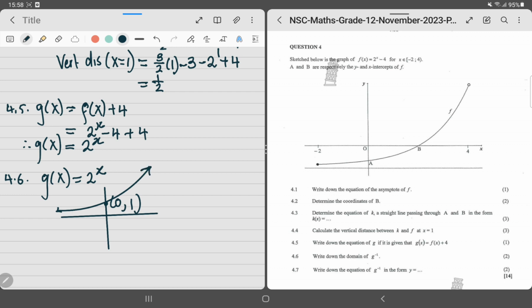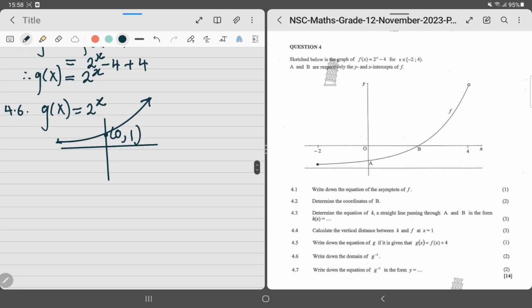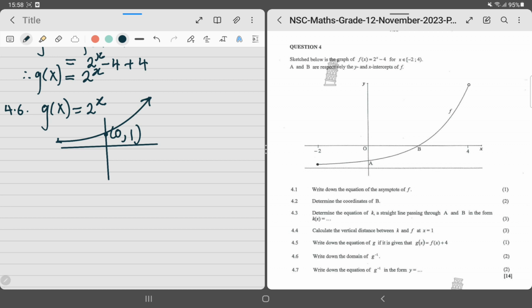Okay, so there they wanted the domain of the inverse. Now, we know that the range of g will give the domain of the inverse, because the inverse is a reflection of g.